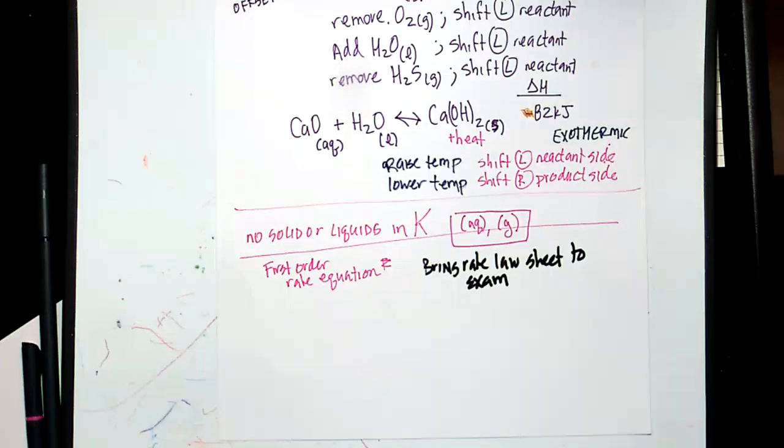There could either be a zero order, first order, or second order. You know what I mean by the rate law sheet, right? Have that? This is what you can have for the exam, so make sure you have it by your side.